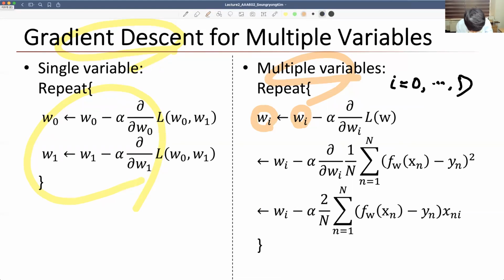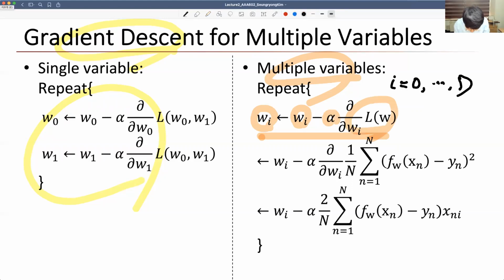So one step looks like this, right? We have to compute the learning rate times the gradient of the loss with respect to Wi, right?